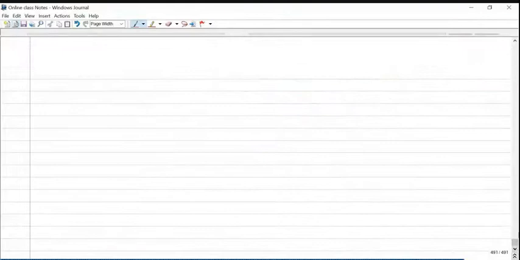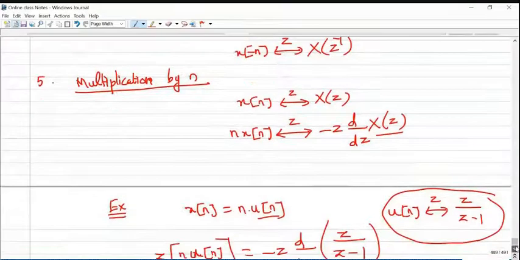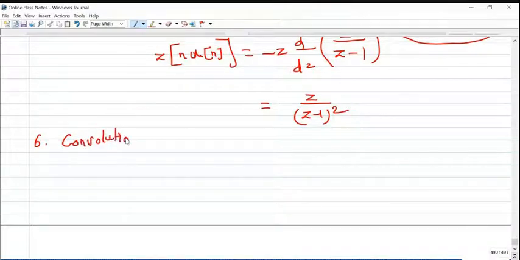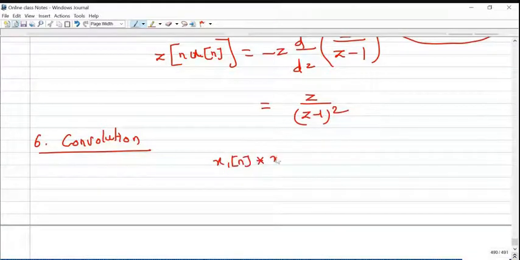And next one, convolution property. Same concept in Fourier transform, Laplace transform, DTFT and Z transform. What does the convolution property say? Suppose x1 of n convolving with x2 of n, convolving with x3 of n, and so on.